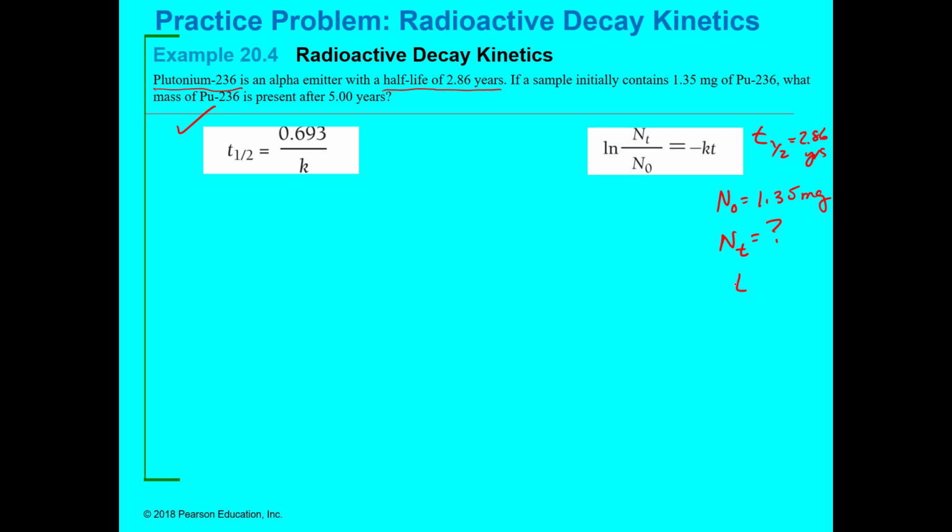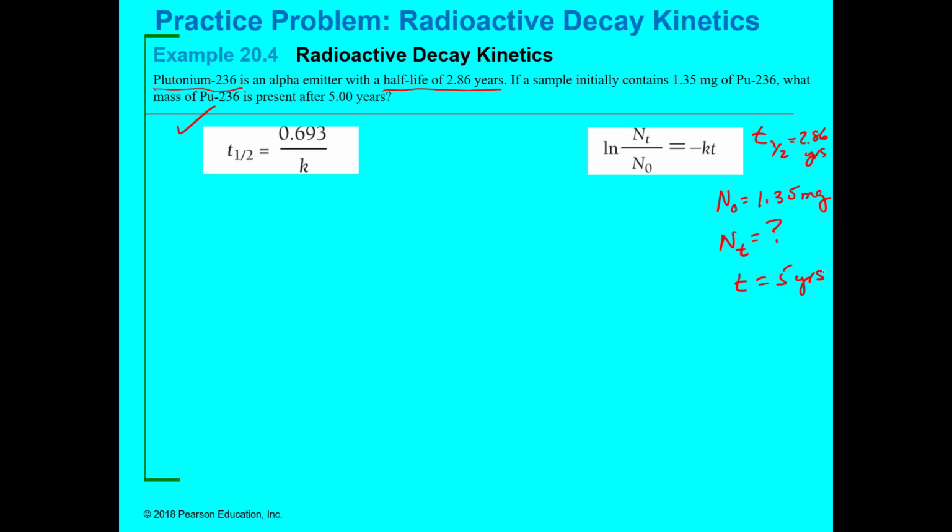So time equals 5 years. All right, so I want to know how much is going to be left after 5 years. In this case, I know the half-life, and I know the initial concentration, and I know how long we're taking.